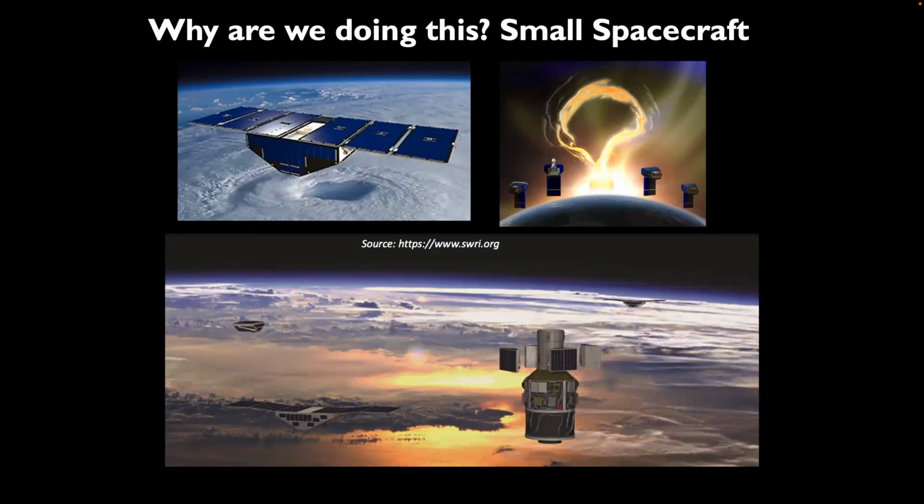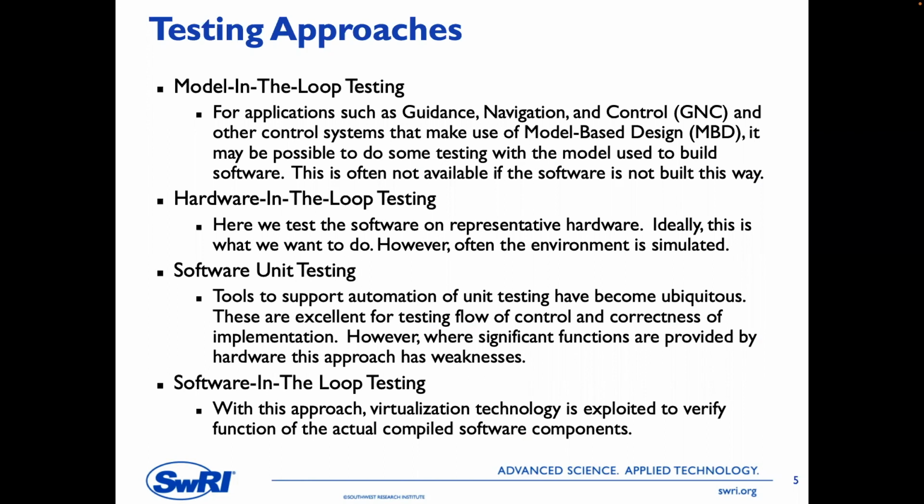One approach that's used, associated with model-based design, and often used for the GNC system and other control systems in the spacecraft, is model-in-the-loop testing. This type of testing works well, and it doesn't necessarily involve having the full flight software built, just the model of what the flight software is supposed to do.